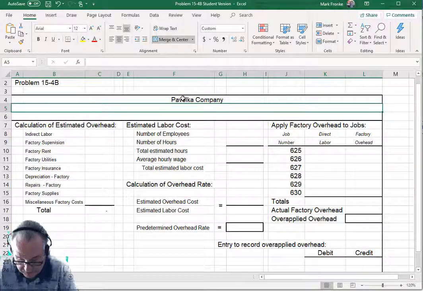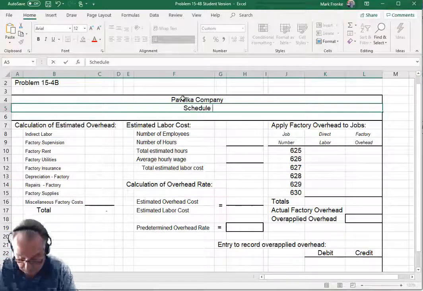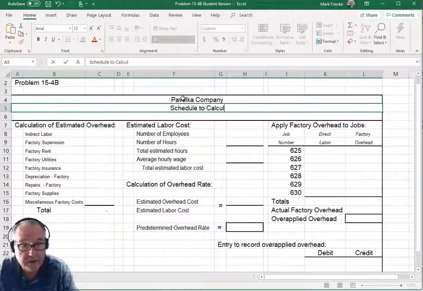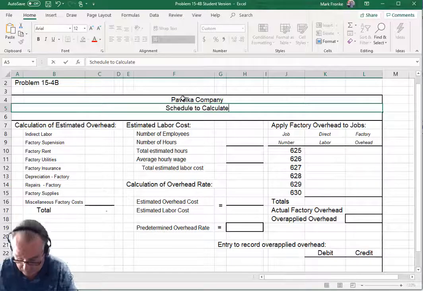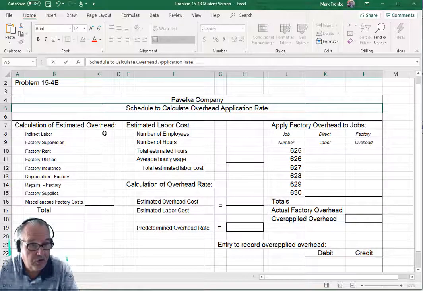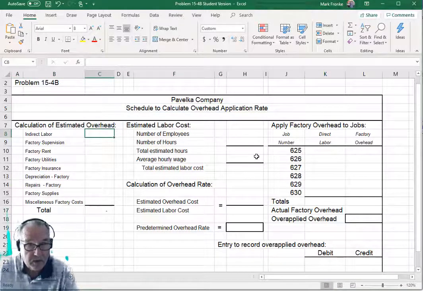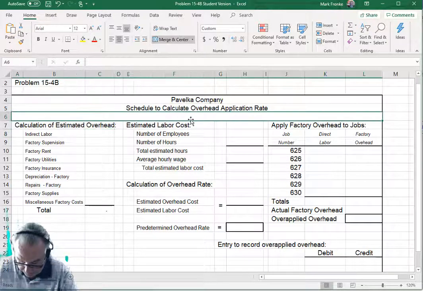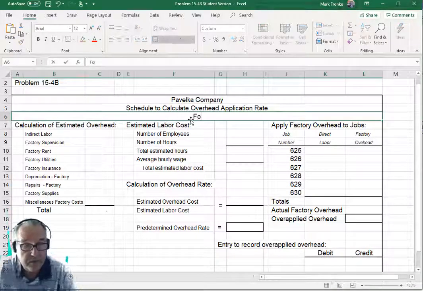And I'll call this a schedule to calculate overhead application rate. So, this is for the year ended December 31.